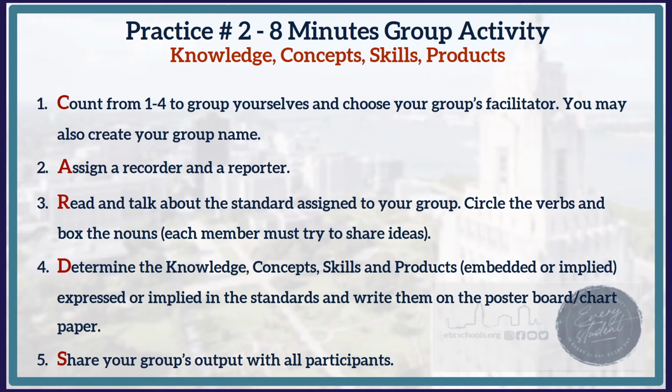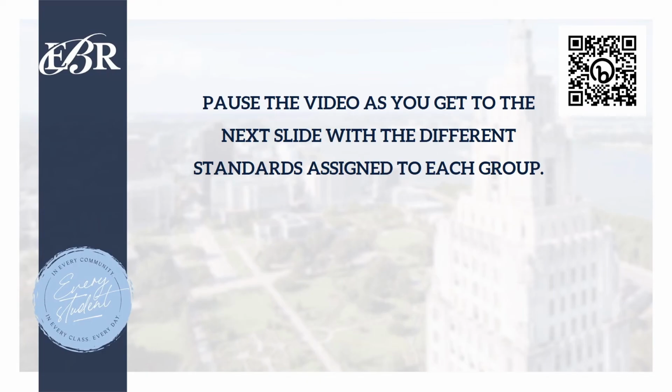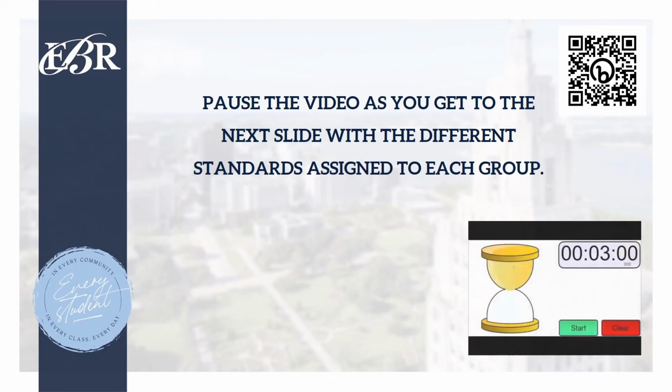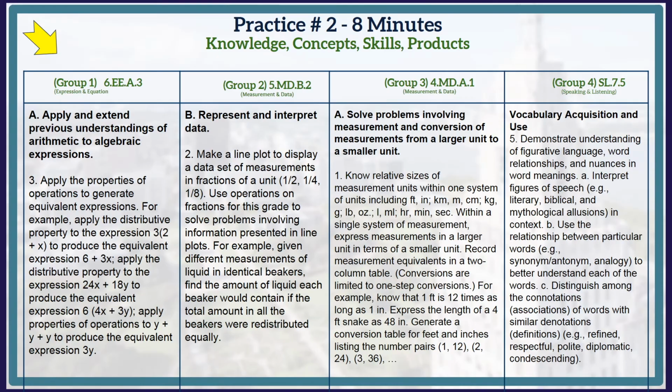Read and talk about the standard assigned to your group. Then you are going to determine the knowledge, concepts, skills, and products. And then you will share your group's output with all the participants. We will have to pause this video so that you can continue with your group activity.